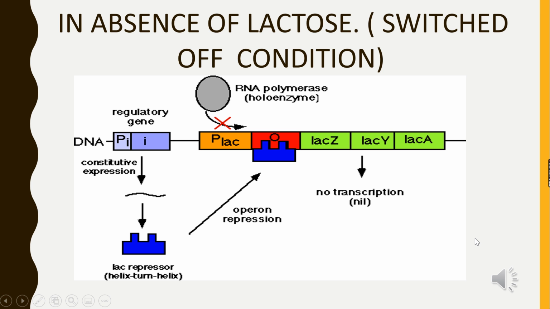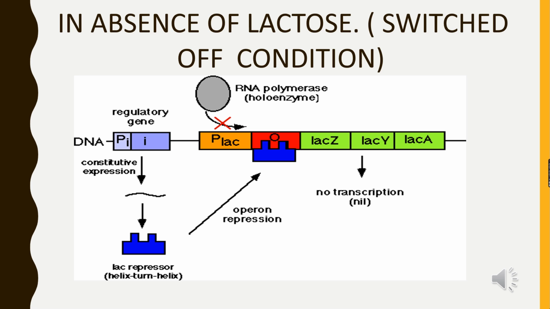The regulator gene produces a repressor messenger RNA, and that is going to produce a lac repressor. This repressor will join with the operator gene, and in the absence of lactose, this operon will be switched off. So the repressor binds to the operator region and prevents RNA polymerase from transcribing the operon, and this is called switched off.